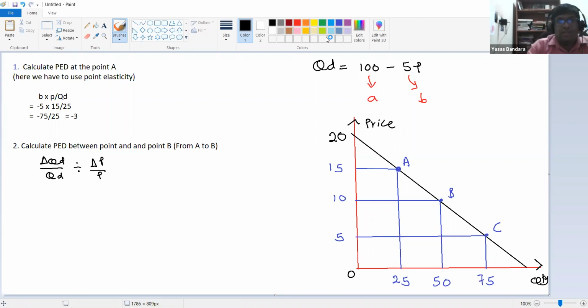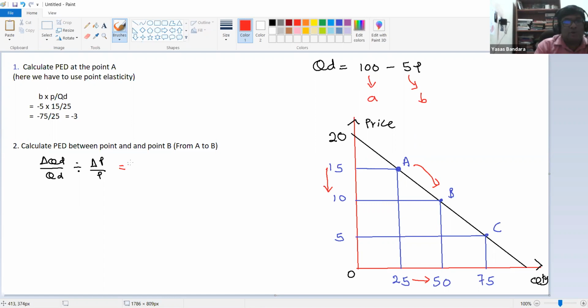Now look at the diagram where you can put an arrow from A to B they wanted, right? A to B, you can see from 25 to 50. That is the change in the quantity, and delta, right? 15 to 10, that is the change in price. So shall we substitute?